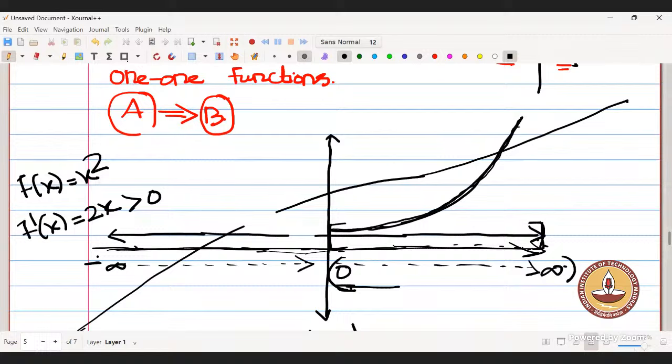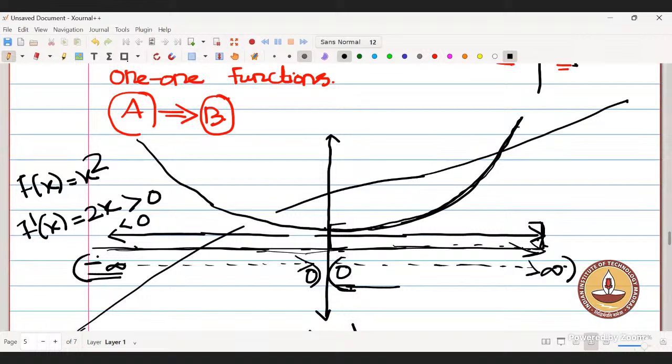And if you consider minus infinity to 0, open interval, in this part f dash is strictly less than 0, so it's strictly decreasing. Similarly, you take a different parabola, you can check in which part it's increasing and in which part it's decreasing.